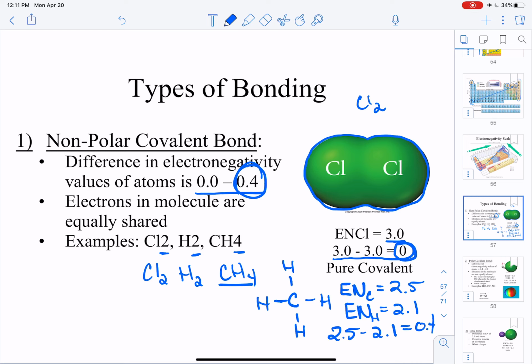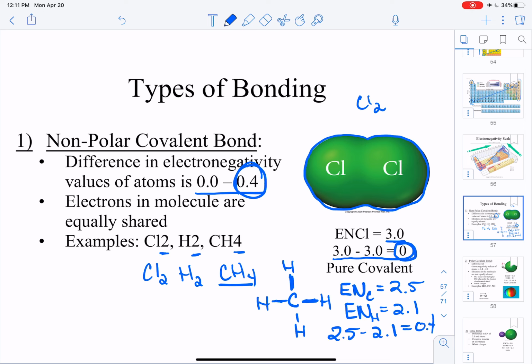So what that is saying is that in the bond between the carbon and hydrogen right there, nobody is hogging up the electrons or pulling the electrons towards itself more than the other. And if we look at this bond right here, we've got the same thing happening.